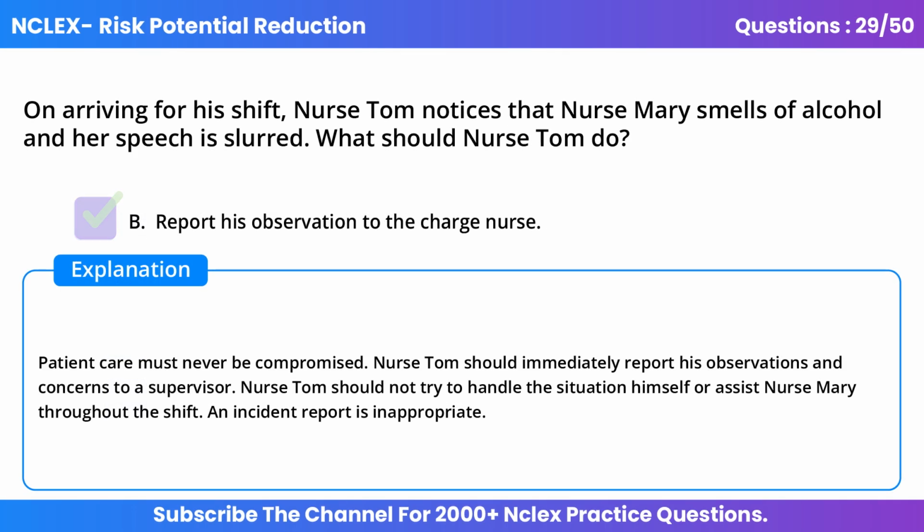Patient care must never be compromised. Nurse Tom should immediately report his observations and concerns to a supervisor. Nurse Tom should not try to handle the situation himself or assist Nurse Mary throughout the shift. An incident report is inappropriate.